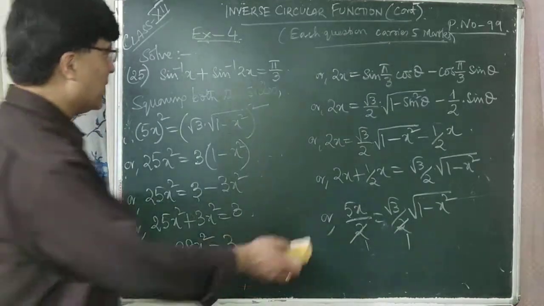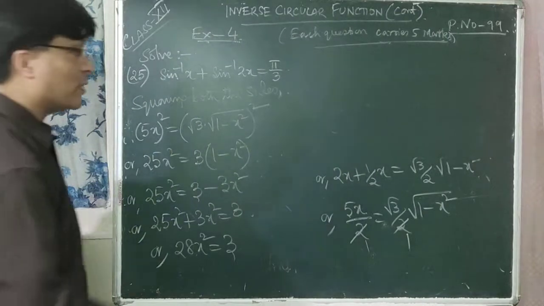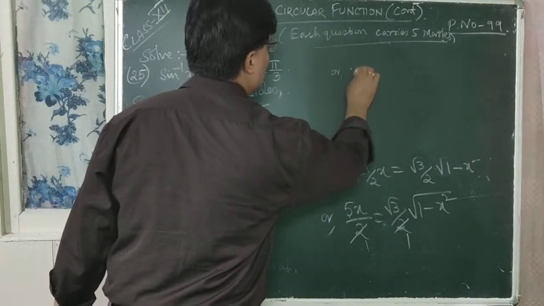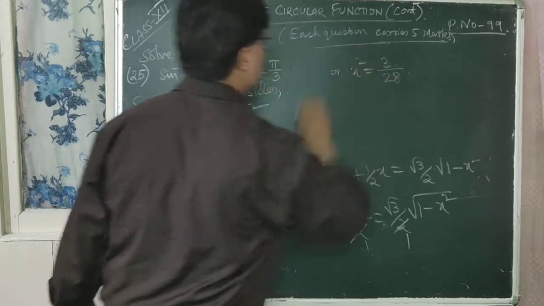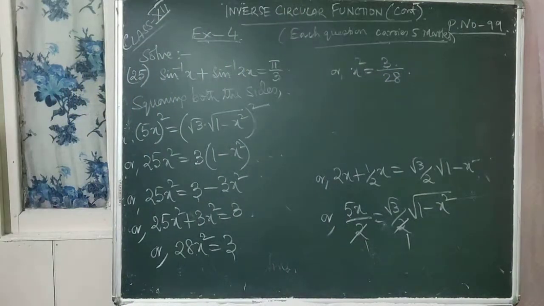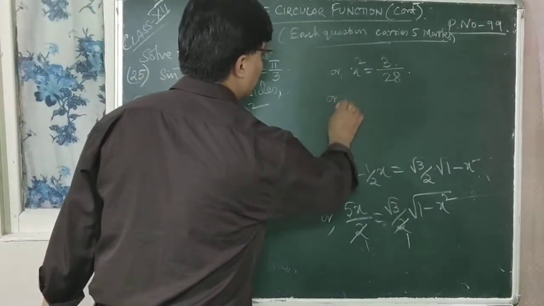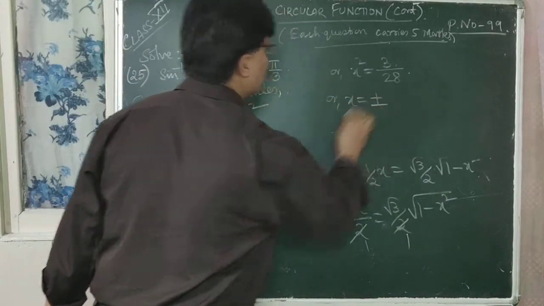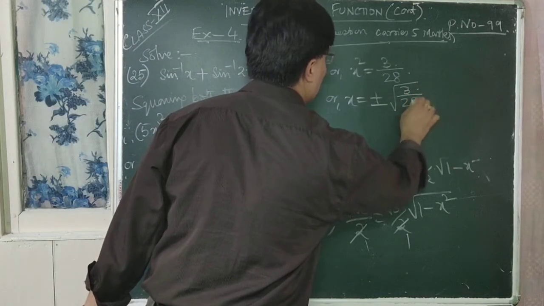So what is the value for x square now? x square is equal to 3 by 28. So x square is equal to 3 upon 28. So what are the values of x now? x is equal to plus minus within square root 3 by 28.